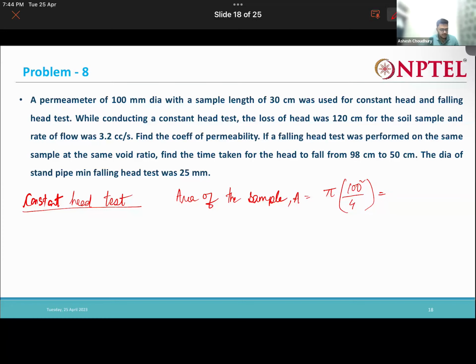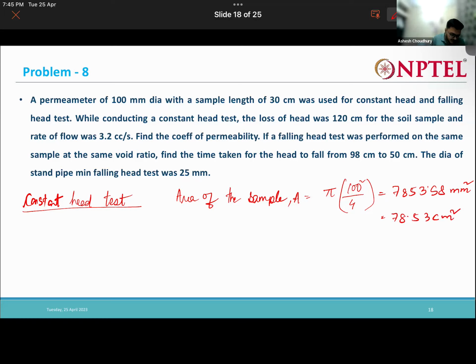So what is the area? 7854 mm square, which is 78.5 centimeter square.